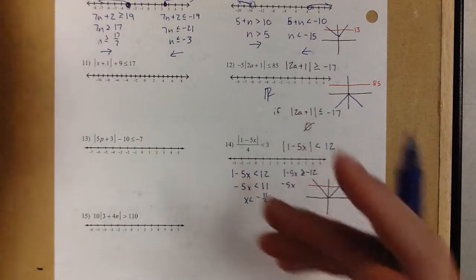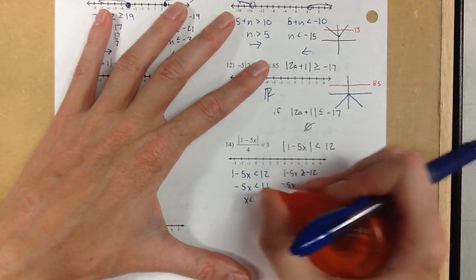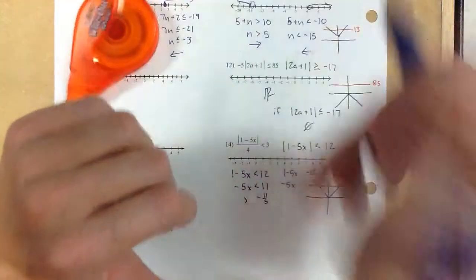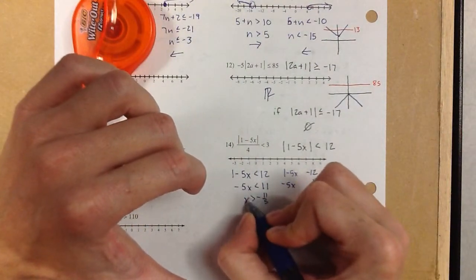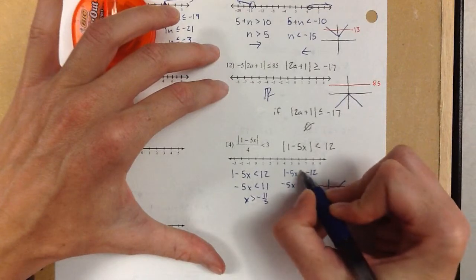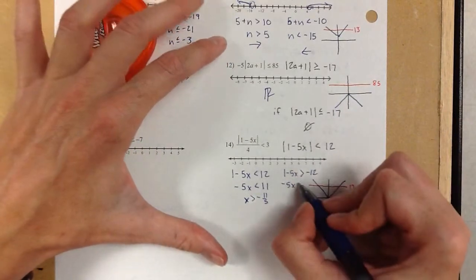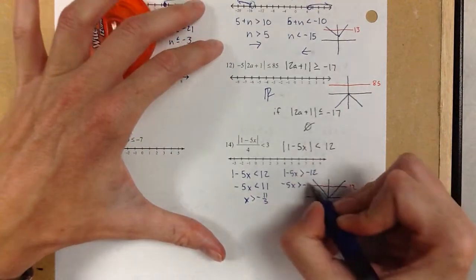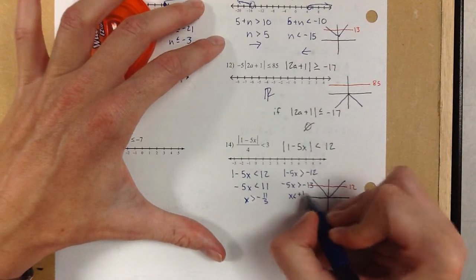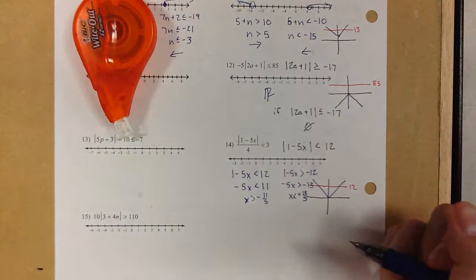Yeah, switch it. Dang it. Oh, at least the whiteout worked today. Divide by negative. Good to see if y'all were paying attention. I got negative 13. So x is less than positive 13 fifths.